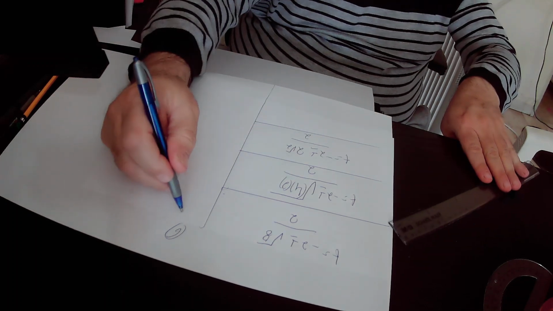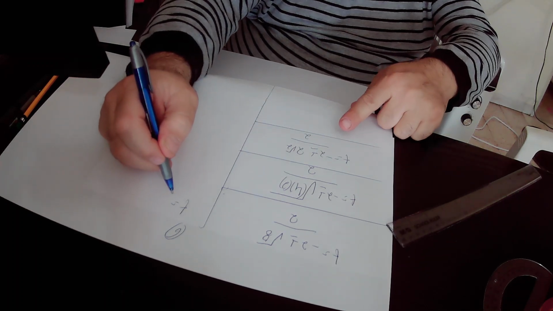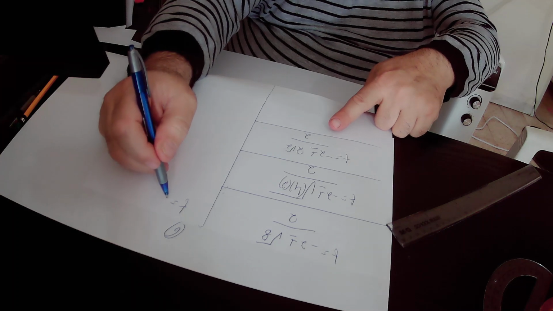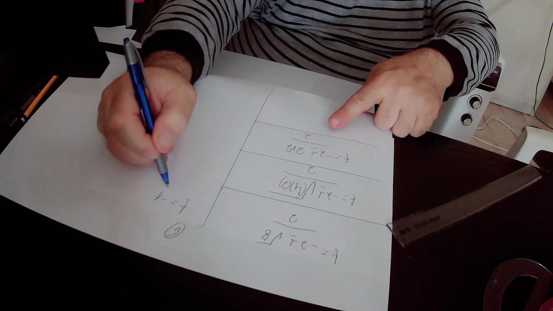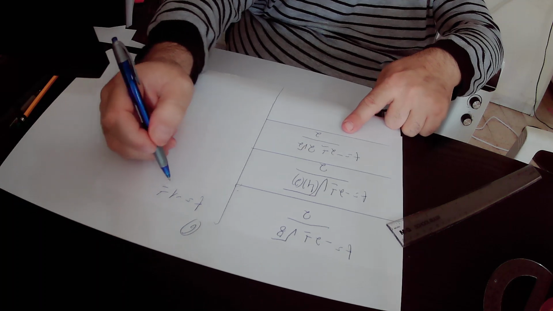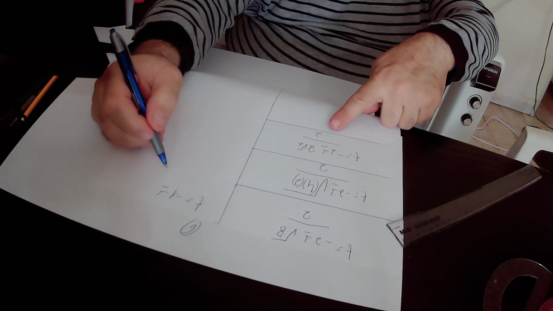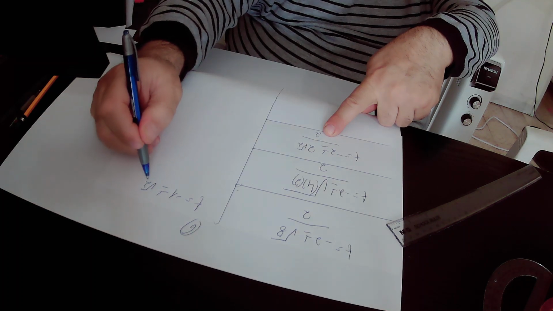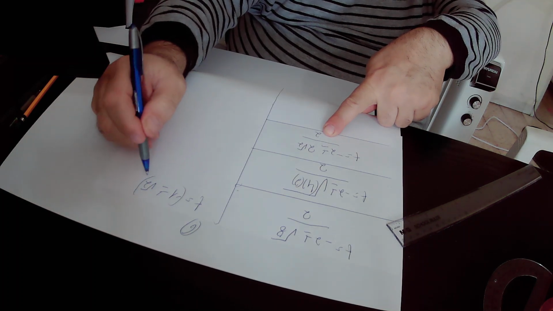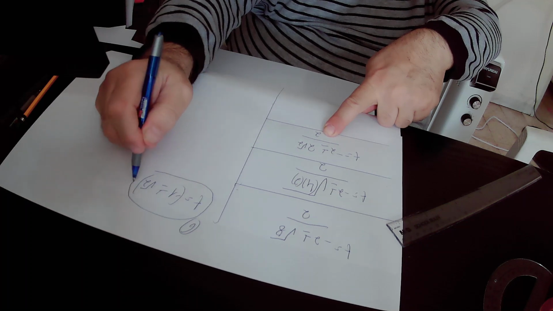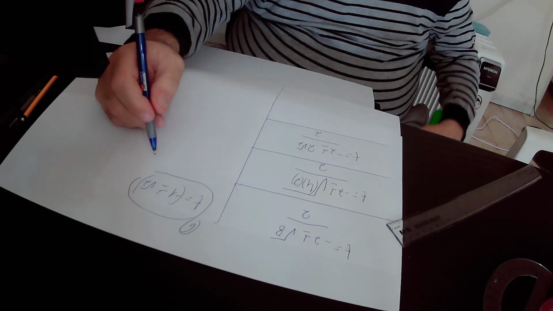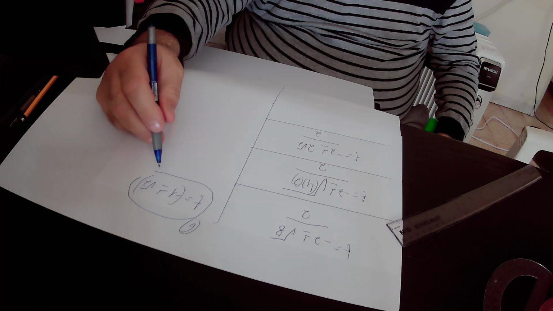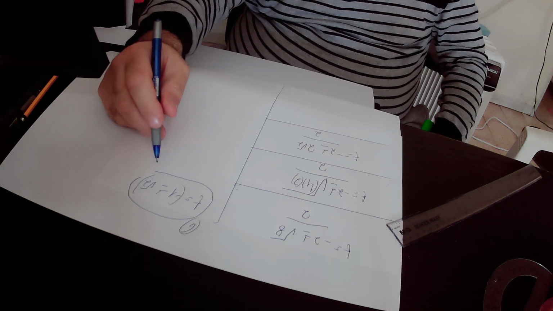So t equals minus 2 over 2 is minus 1 plus minus 2 over 2 is 1. So in total, this expression equals the square root of 2. In conclusion, we found out that t equals minus 1 plus minus square root of 2.